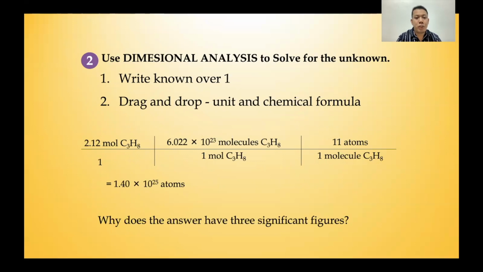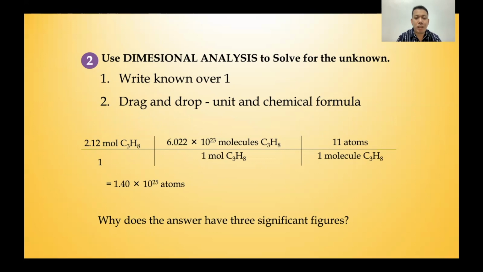So 2.12 moles of propane over 1, times 6.022 times 10 to the 23rd molecules of propane for every 1 mole. And then there are 11 atoms for every molecule of propane. With that, you can cancel the moles of C3H8, then the molecules of C3H8.